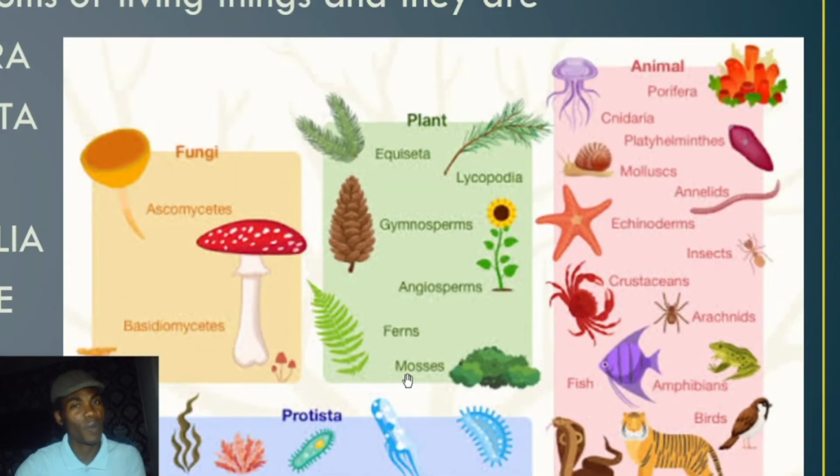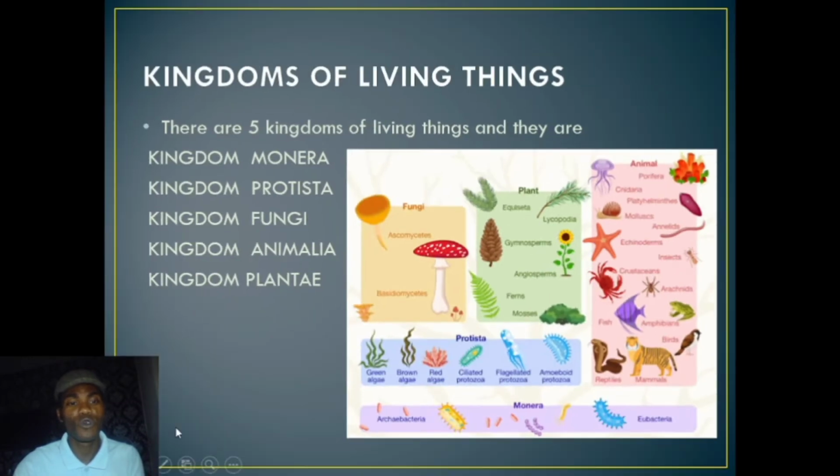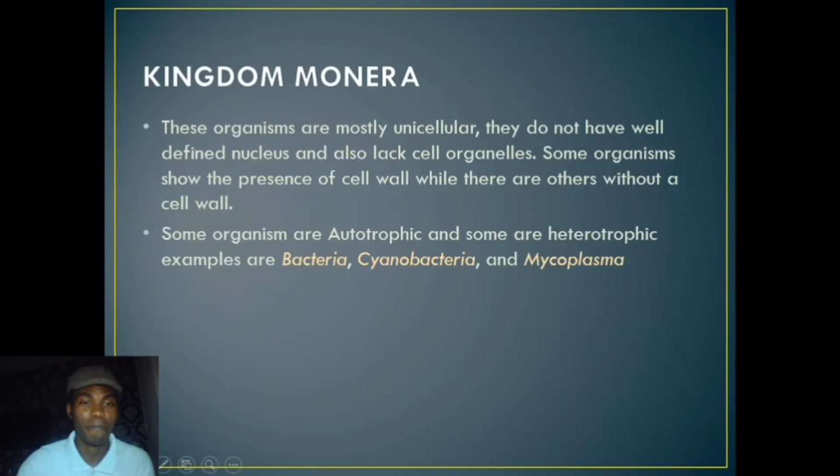Of course, for plants, we have different types of plants based on their Latin name or based on their botanical name. Now we have animals. We have the crustaceans, we have insects, we have vertebrates, we have reptiles. These are under the kingdom of animal. Now join me as we look further into this particular topic.